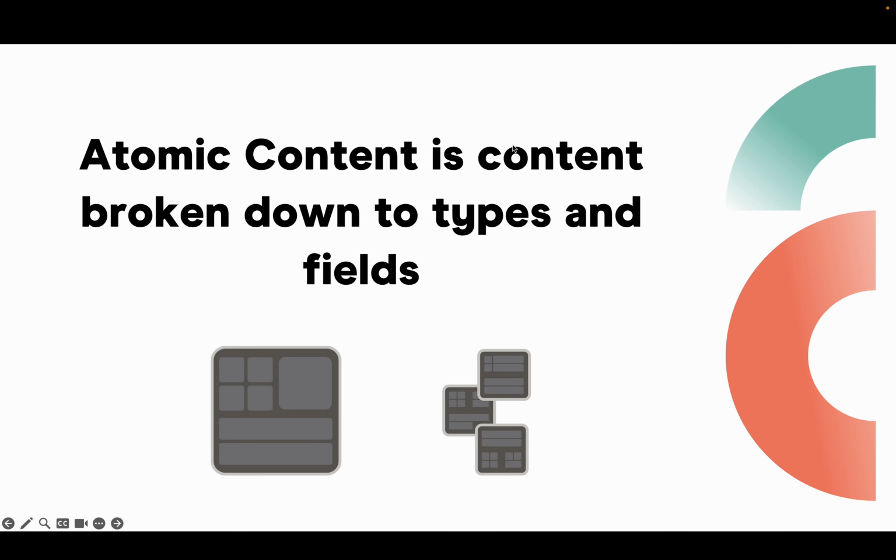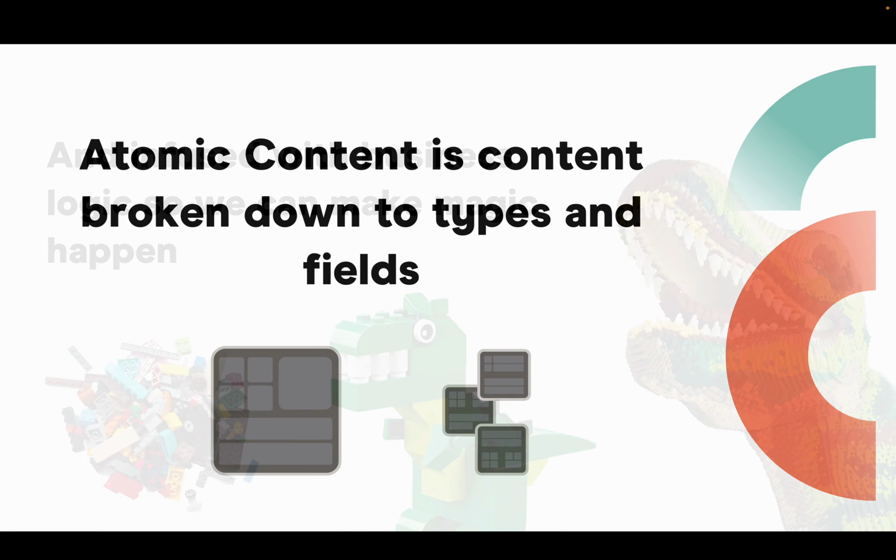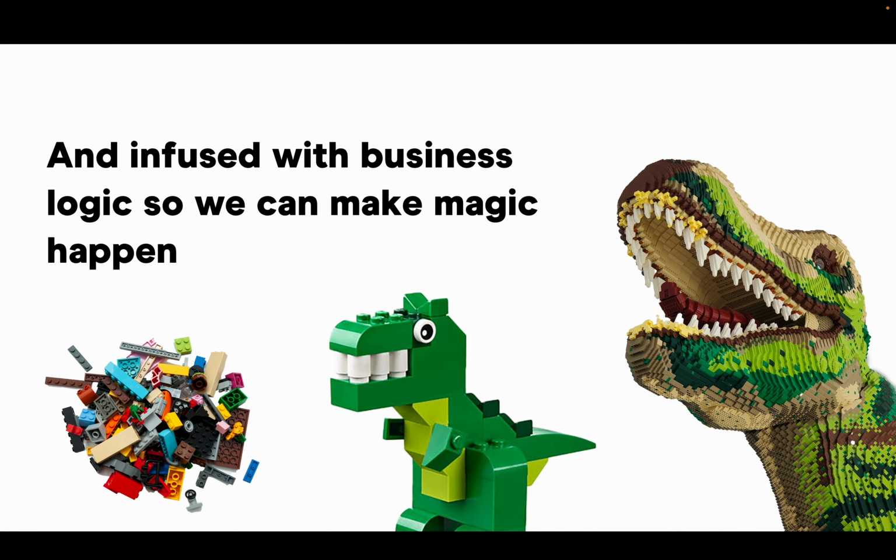So what is atomic content? Atomic content is content broken down into types and fields. That allows us to consider these content blocks as sort of Lego pieces that we can organize in any way we want at the digital presentation layer to make some magic for folks.